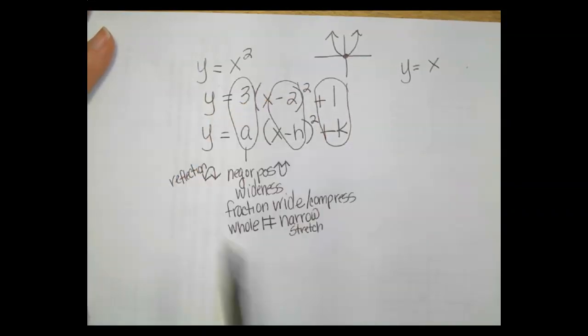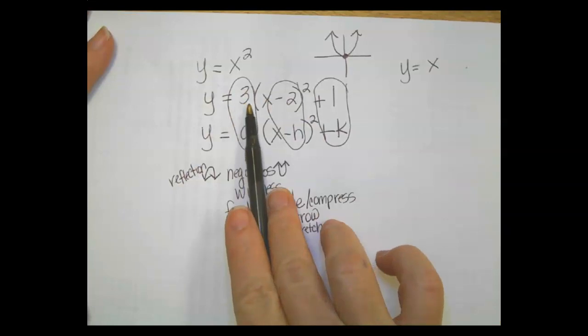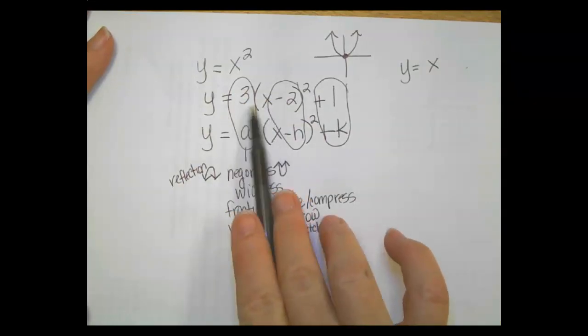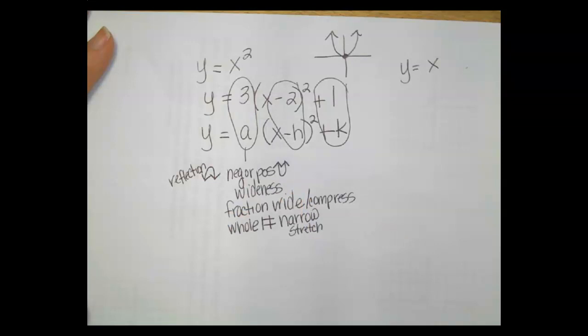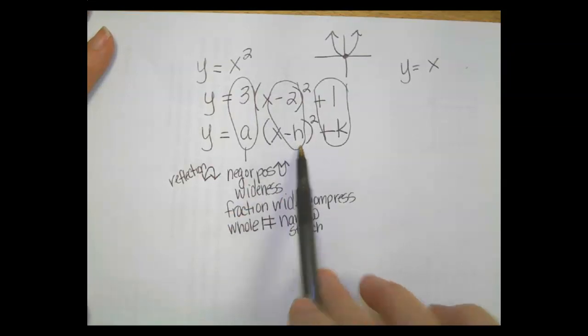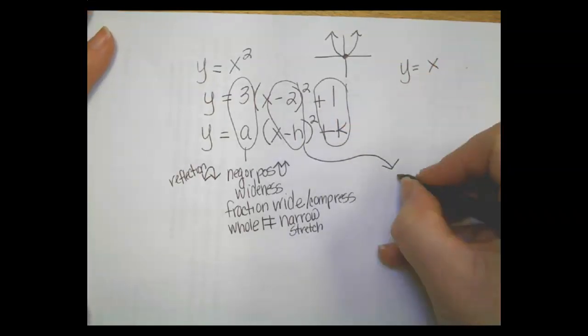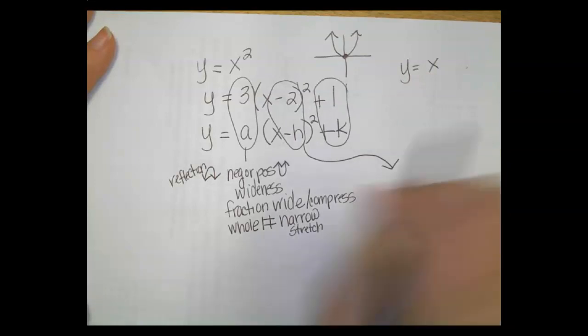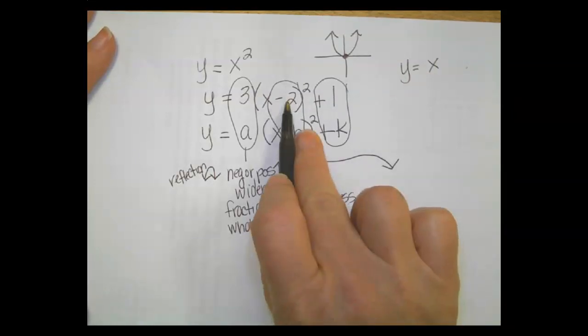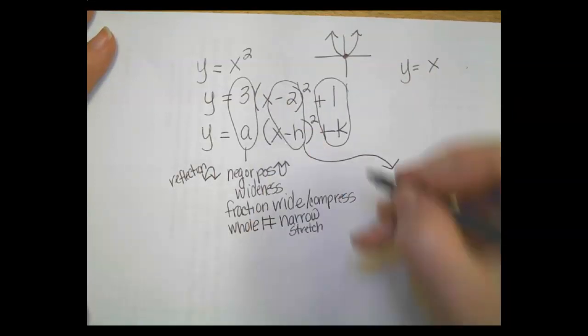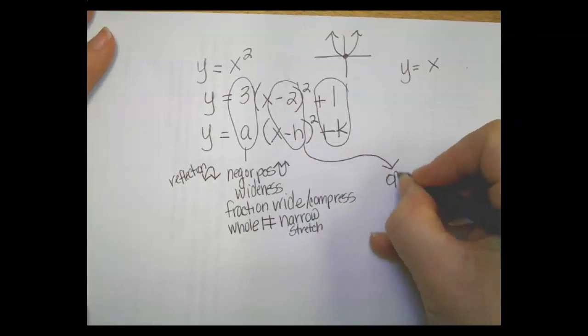So you are looking for the value that sits in front of x. The h is the opposite. Whatever it says, since this is a negative, it's going to be the opposite of that.